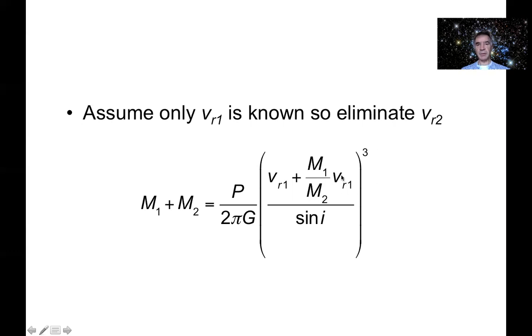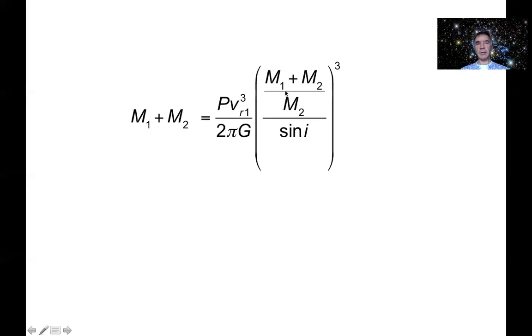So we know VR1, so we can relate VR2 to VR1 again using the mass ratio, center of mass idea, and put it in the same formula that we just had for the double-line system. So we can start to simplify this complicated-looking formula down a bit. We've got a common factor of VR1, we can take that outside, and we can re-express the function of mass on the top. So VR1 cubed is popped up over here.